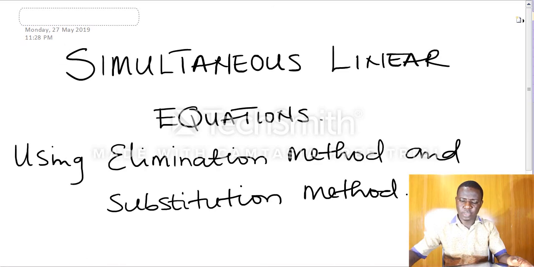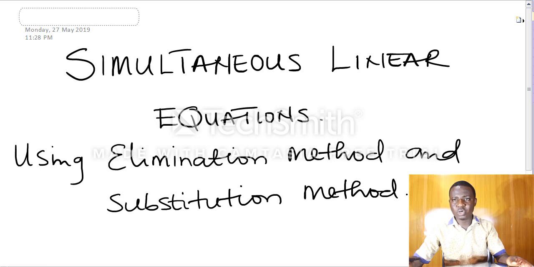In today's class, we were able to solve simultaneous linear equations using the elimination method and the substitution method. Remember, we said while using the elimination method, you must ensure that the coefficient of the variable you are to eliminate in both equation 1 and equation 2 are equal.